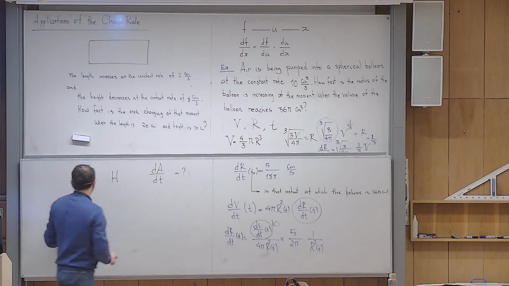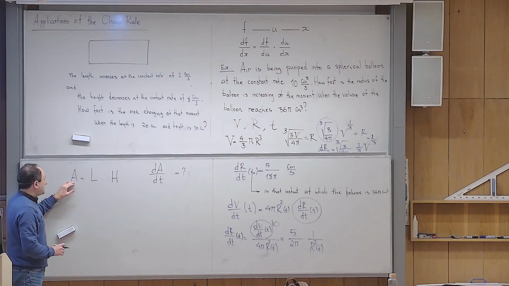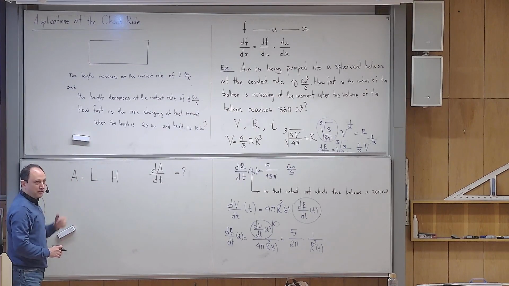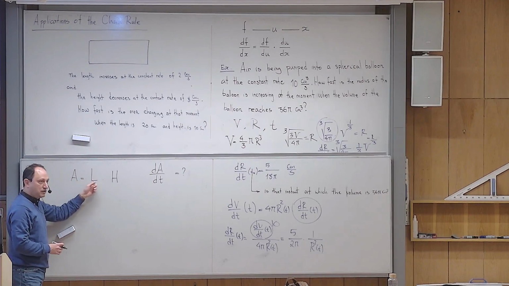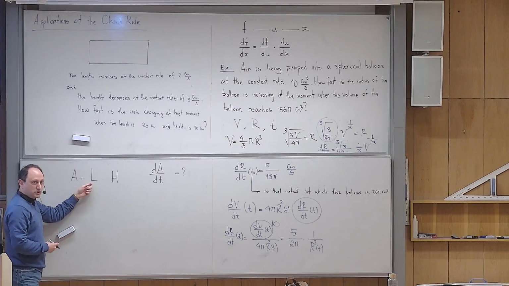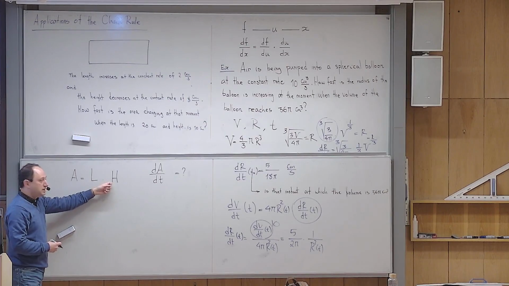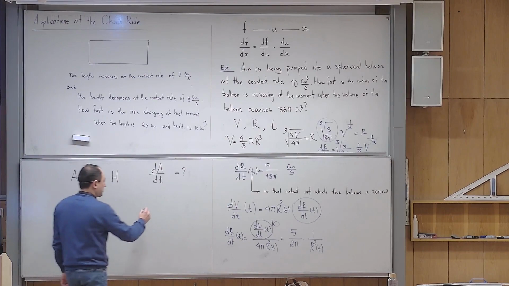This is wanted. So I want to take the derivative of this one. Let us see. A is a function of two variables, apparently. Not apparently, really. A depends on length and height. Okay, but L itself depends on time. H itself also depends on time. So if you want to have a diagram, it's like this.